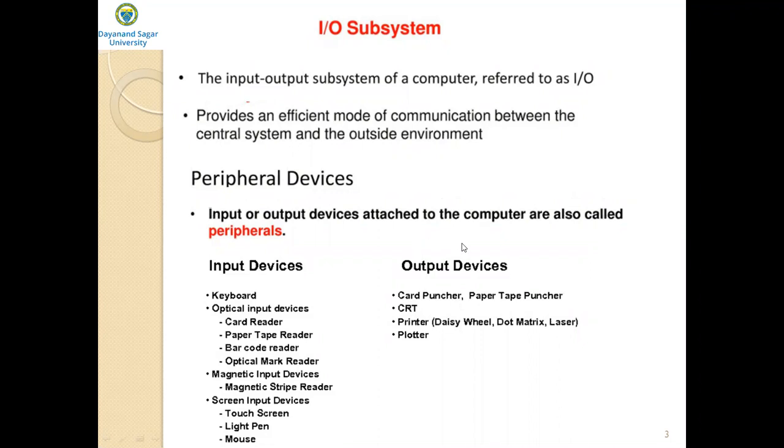These output peripherals allow information output from the computer to the outside world. Here again the outside world refers to the output devices. Examples are the printer and the monitors. So this is about the peripheral devices. Input and output devices are also called peripheral devices.